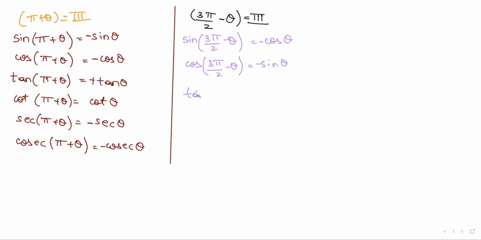Tan of 3 pi by 2 minus theta is equal to, tan is positive, so no need to write positive, and tan gets converted into cot. Cot of 3 pi by 2 minus theta is equal to tan theta.